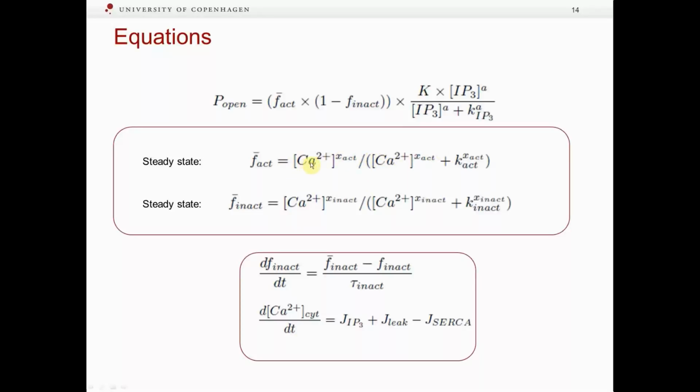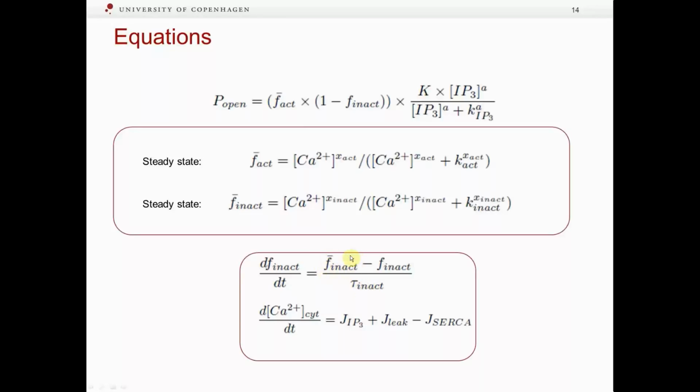So you can see that when calcium increases, the likelihood of being occupied at the activating site approaches 1. Whereas when calcium decreases towards 0, the likelihood goes to 0. This term for the inactivation is described by this first order differential equation here, governed by the inactivating time constant.